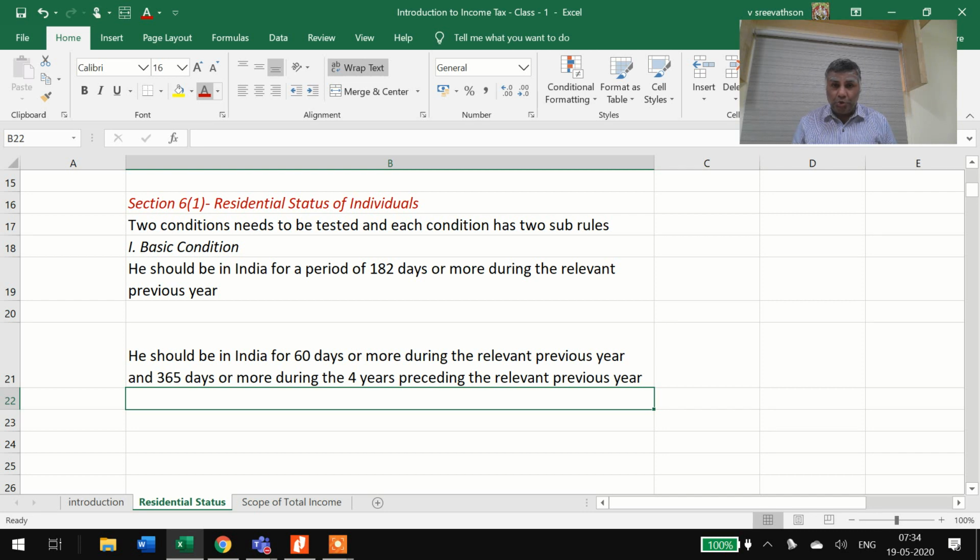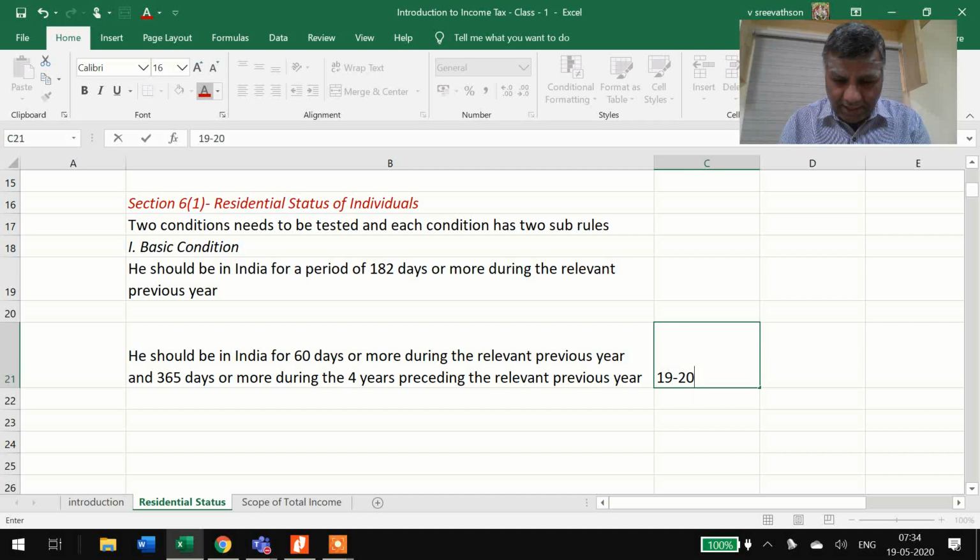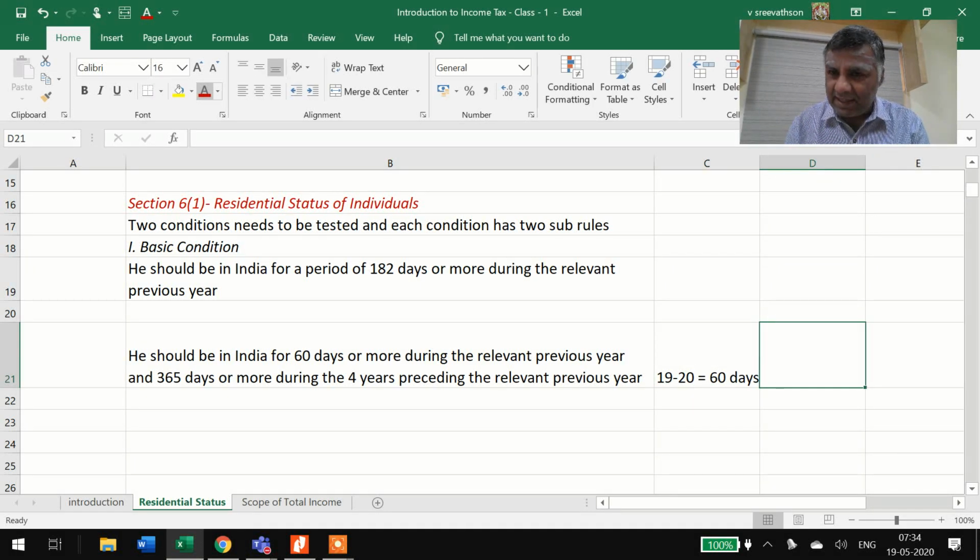Basic condition 2 says, in 1920, that is our previous year, he should be there for 60 days, and in the 4 years preceding, 1819, 1718, 1617, 1516, he should be in India for 365 days or more.